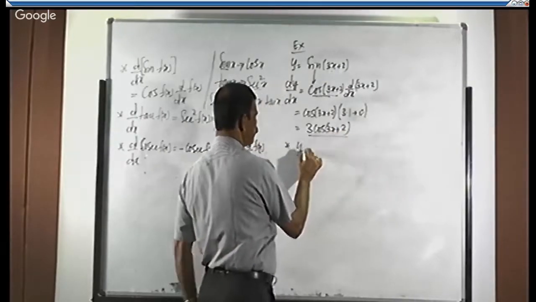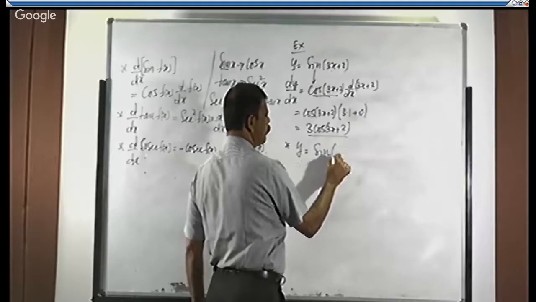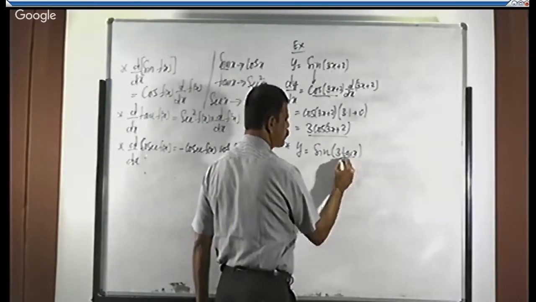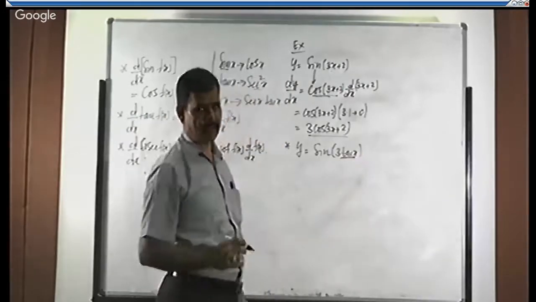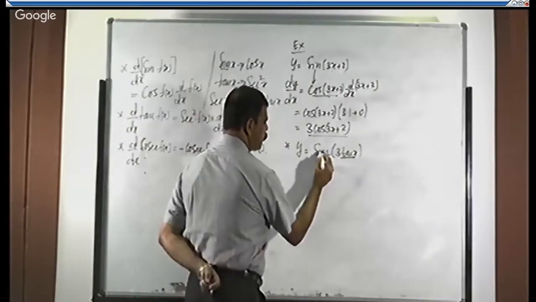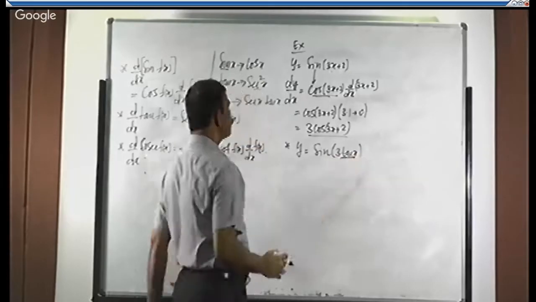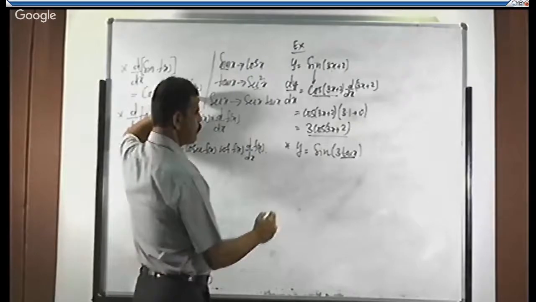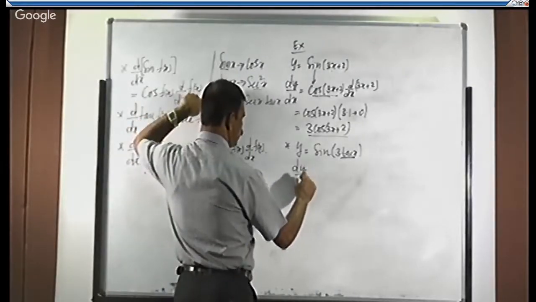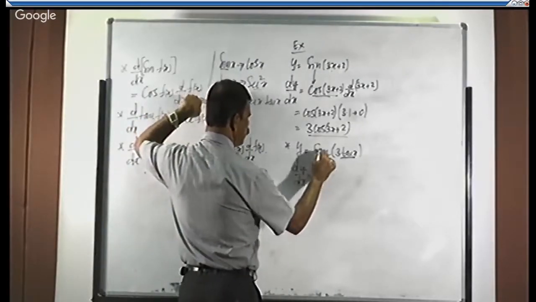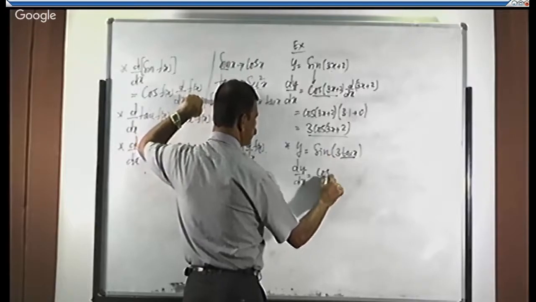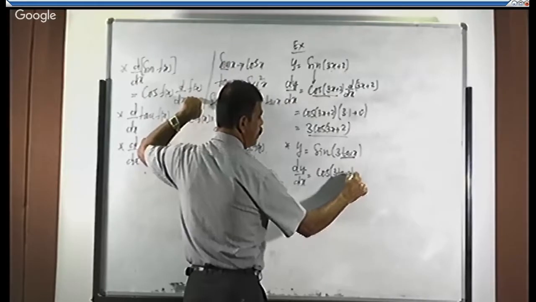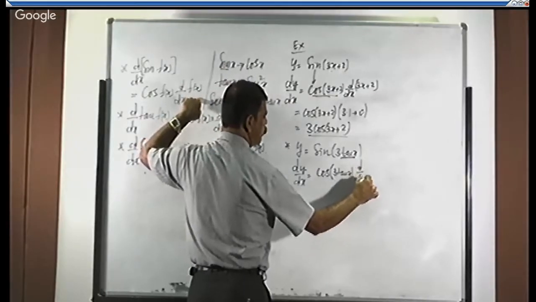Next, y is equal to sine of 3 tan x. You can take any function which should be in x only, right? It is written as sine function. What is differentiation of sine function? Cos function into d by dx of function. So dy by dx is equal to cos of function, which is 3 tan x, into d by dx of function.